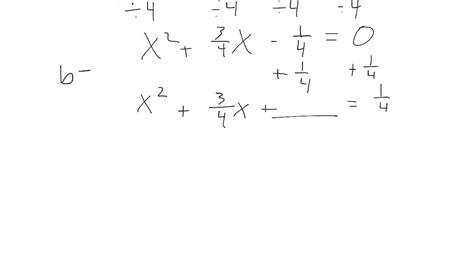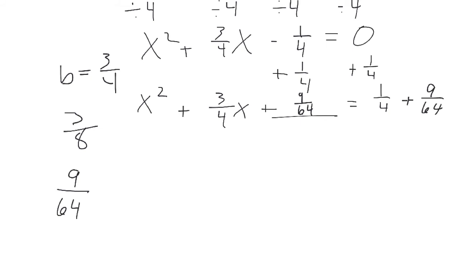Side work: the b value is 3/4, so multiply that by 1/2, you get 3/8, like I said. And when you square that, you get 9/64. So we need to add 9/64 to both sides.